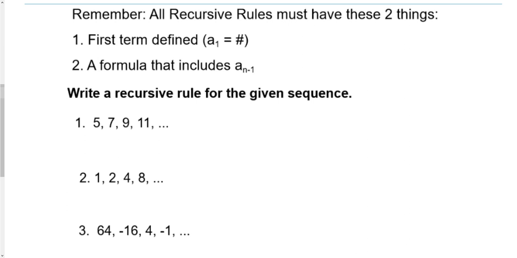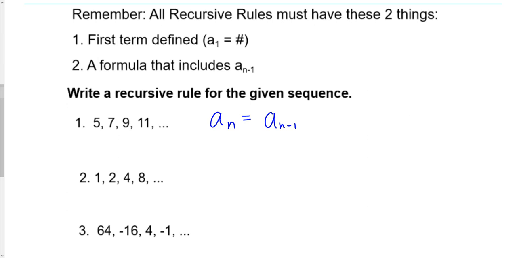So if we're going to write a recursive rule, I was hoping you guys would catch on to the pattern by doing the assignment yesterday. But the recursive rule is actually not that bad because all you do is start off with this. Every single recursive rule has that: a sub n and then a sub n minus 1.